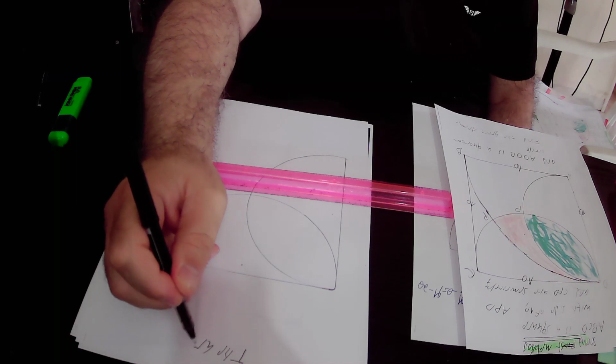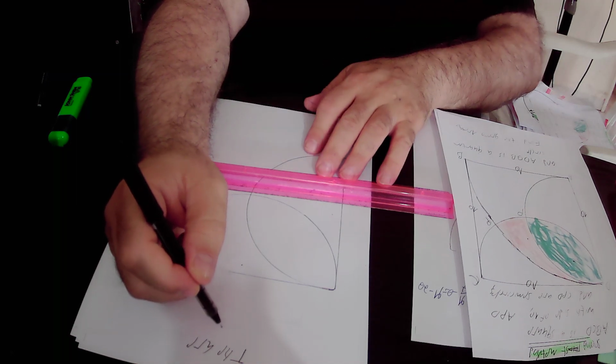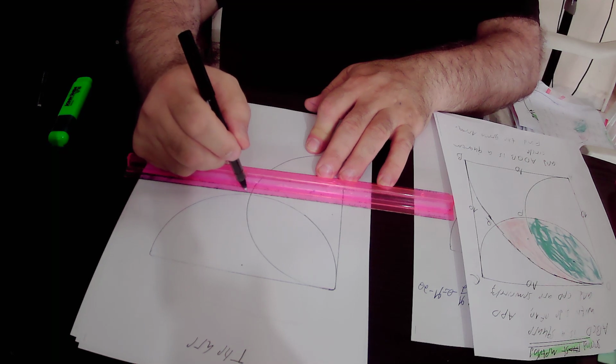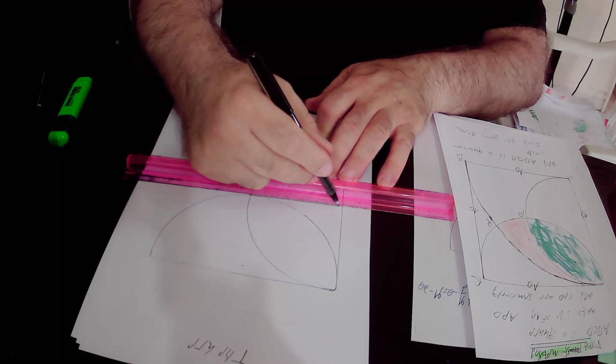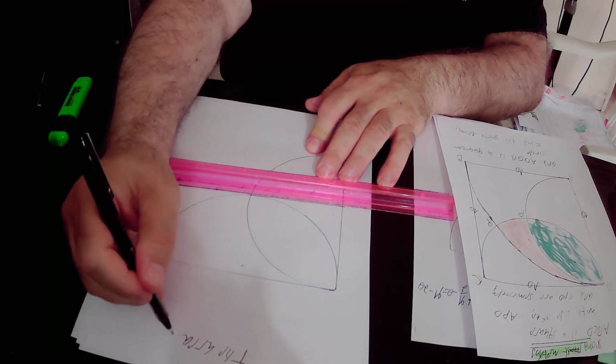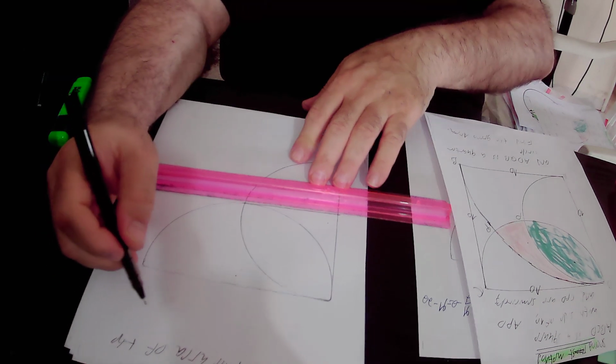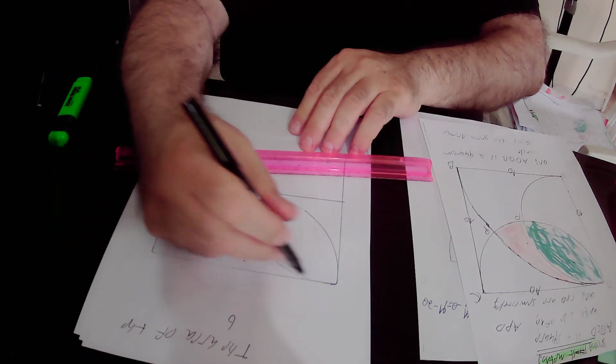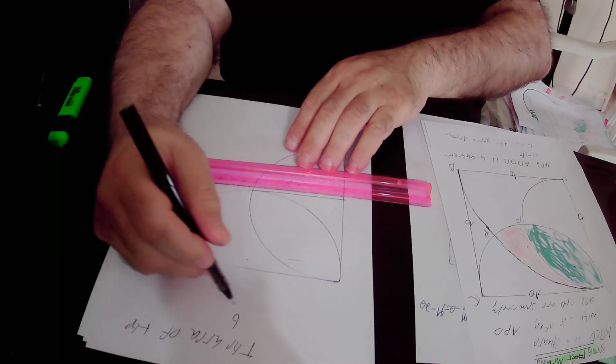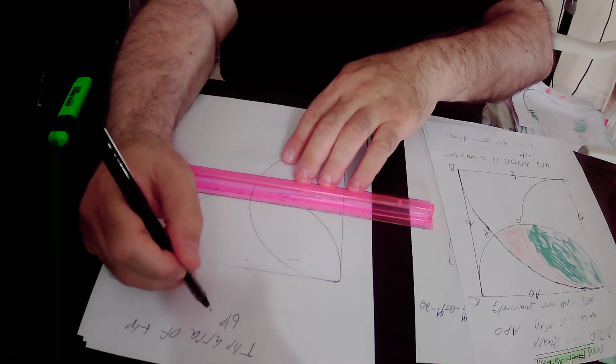The area of the blue lens. This is the blue lens, and we want to find the area of the blue lens.